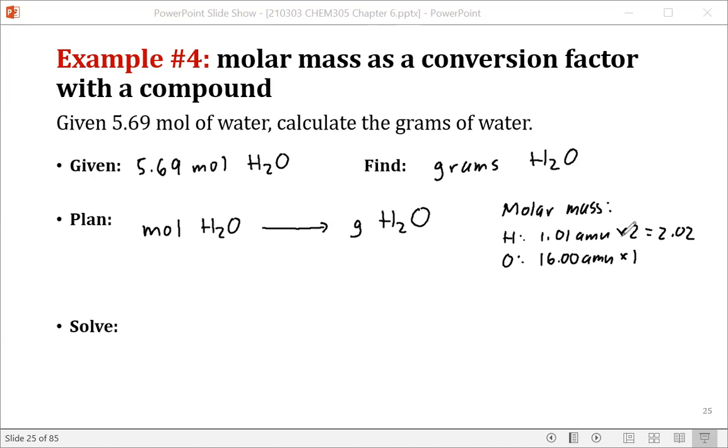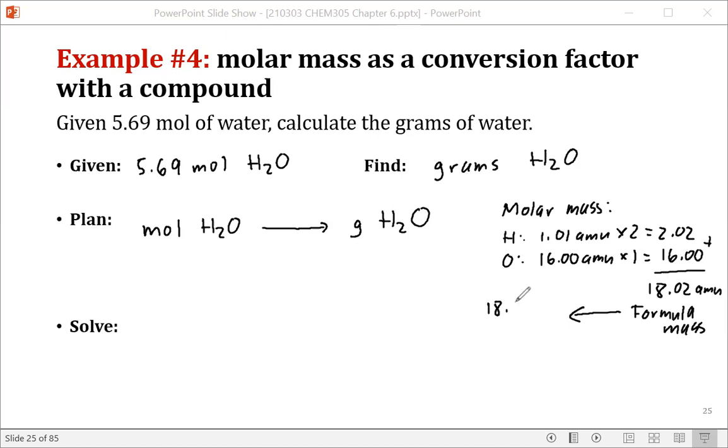We have 1 of those. So when we add these up, we get 18.02 AMUs. And this is the formula mass.